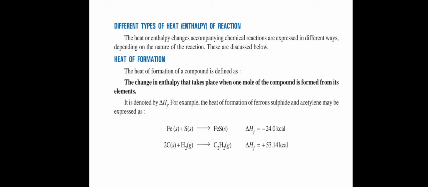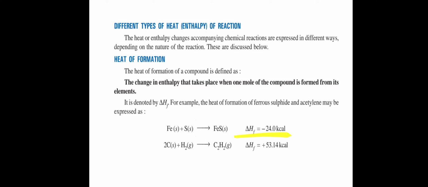For example, see, in this reaction, FeS solid is a compound which is formed from its elements, Fe solid plus sulfur solid. In this reaction, delta HF, the heat of formation, is equal to minus 24.0 kilocalorie.